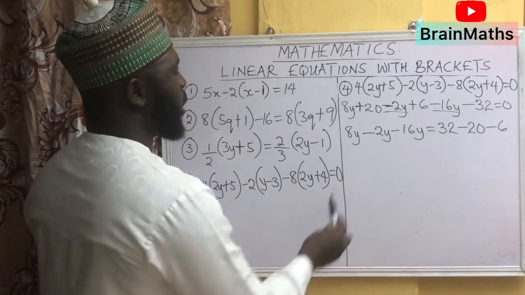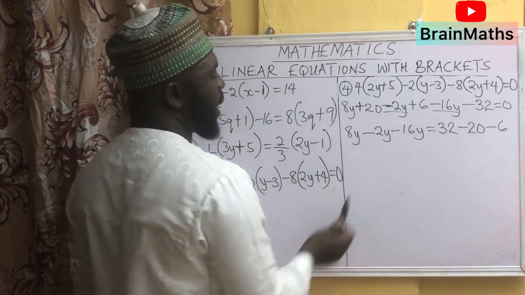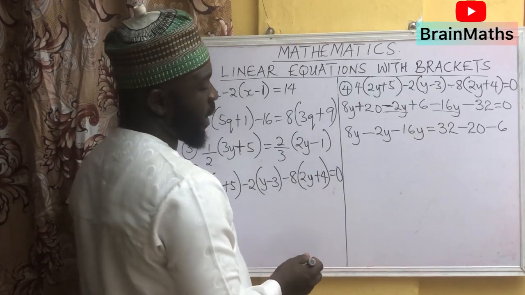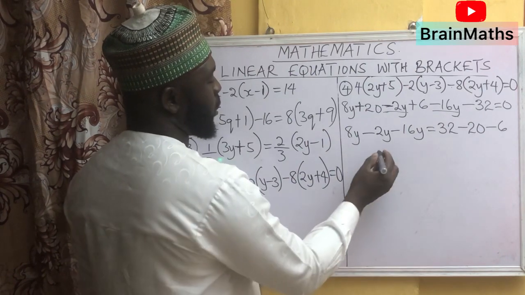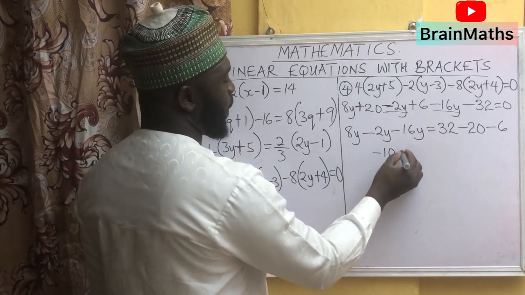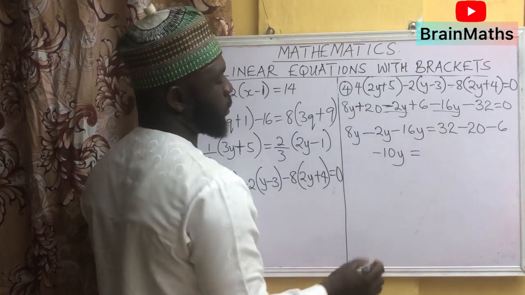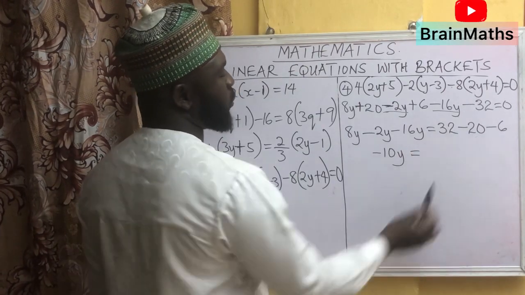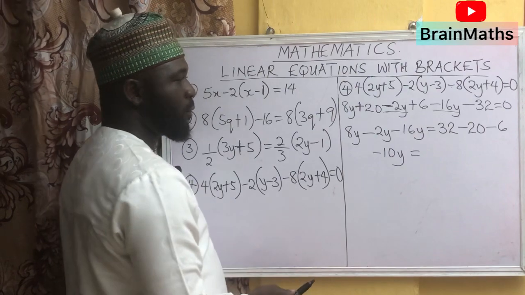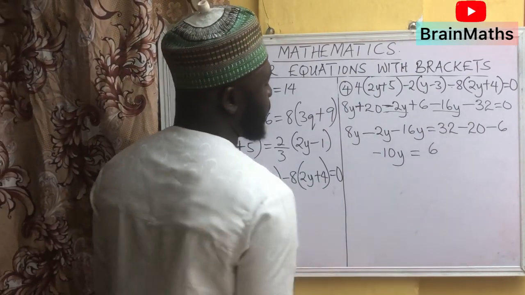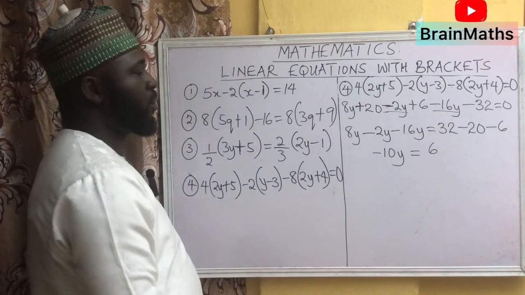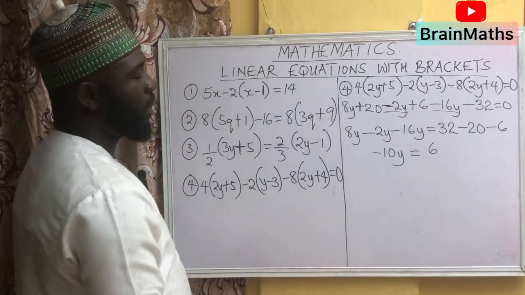So 8y minus 2y will give us 6y. 6y minus 16y will give minus 10y, which equals 32 minus 20 will give 12, and 12 minus 6 will give 6. So the next is to find the value of y.